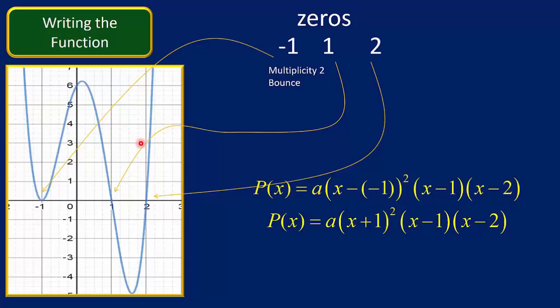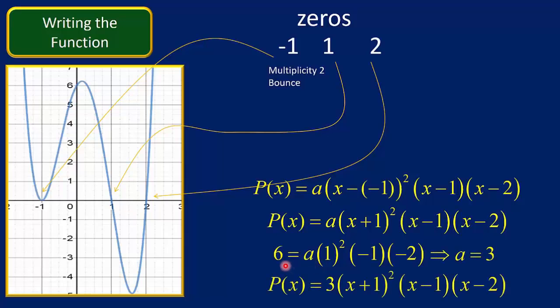So I'll put a 0 in for the x and a 6 for the p of x. And here's what we've got. So this is like 2a equals 6 or a equals 3. And here's our polynomial. This has the y-intercept of 0, 6 and each of these x-intercepts, and it's going to bounce here at the -1 if you want to try that out and graph it.